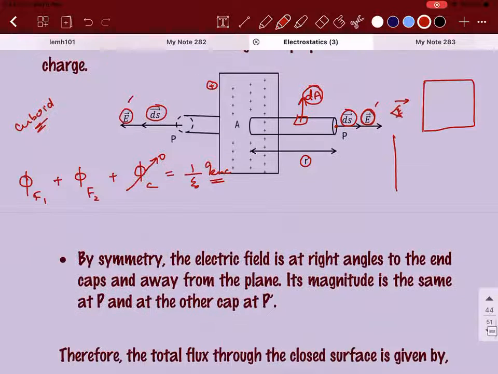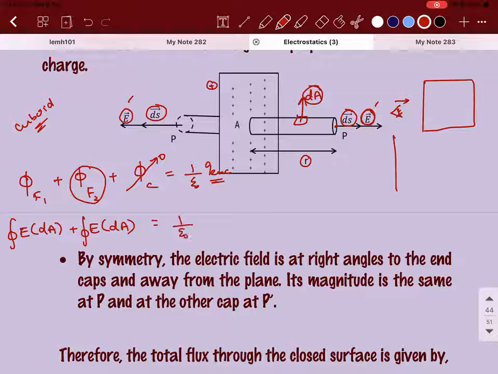So what is the flux through the flat surface? E into dA, plus the flux through the second flat surface is also E into dA. But what should I put here, guys? I need to put a loop integral, correct? This should be equal to 1 divided by epsilon naught times what is the charge that is collected here? For that, you need to define the type of charge density.